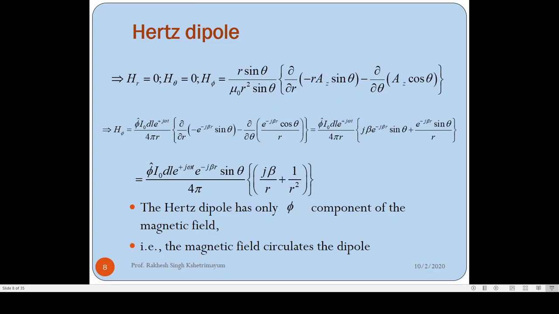So finally you differentiate this expression, and you can express H phi as phi hat I naught dl e to the power of plus j omega t, e to the power of minus j beta r, sin theta by 4 pi, times j beta by r plus 1 by r squared. So now the first observation is that the Hertzian dipole has only a phi component of the magnetic field.